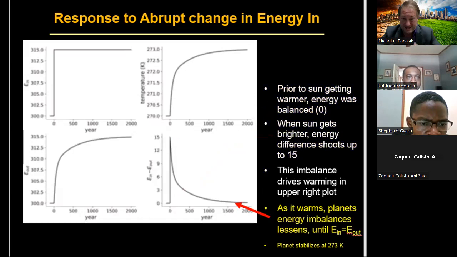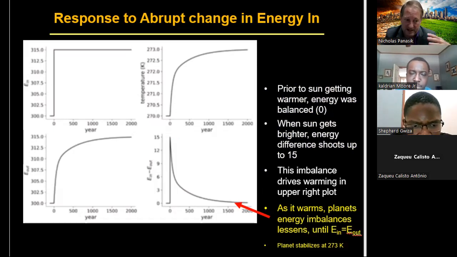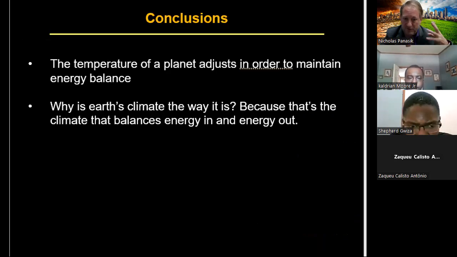And so again, we reach the same conclusion. I'm just using this as a second example. Before, we quickly added a layer of atmosphere; now we've made the sun brighter really fast. The temperature of the planet is going to adjust in order to maintain that energy balance. And so if anybody asks you why the Earth's climate is the way it is, it's because that's the climate that balances energy in and energy out.